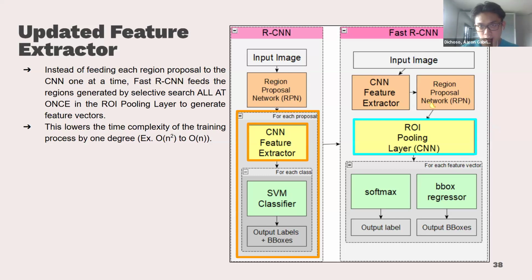It still takes all of those 2,000 different regions, and then it uses a separate layer called an ROI pooling layer. What that does is take all of those different regions, turn them all into feature vectors, and combine them together into one big feature map.